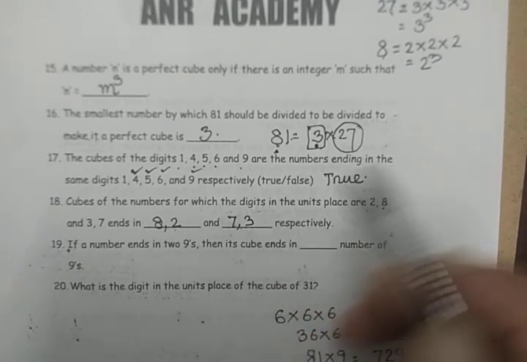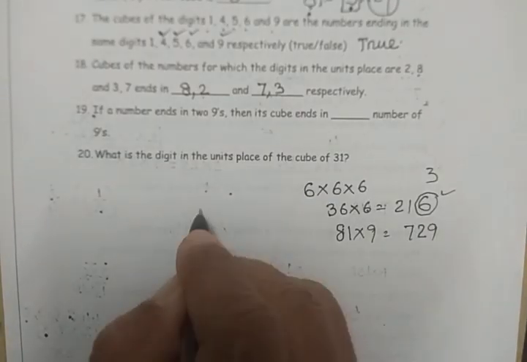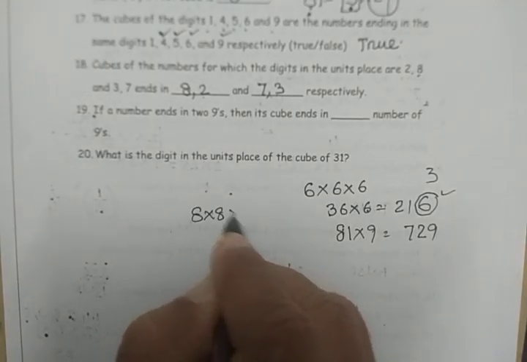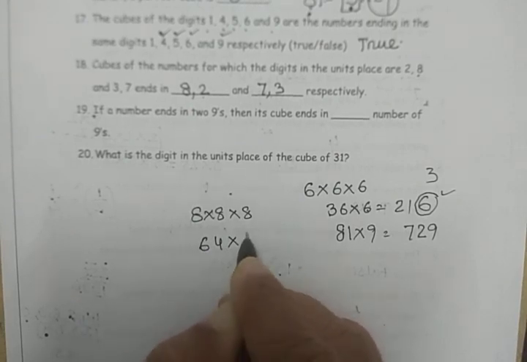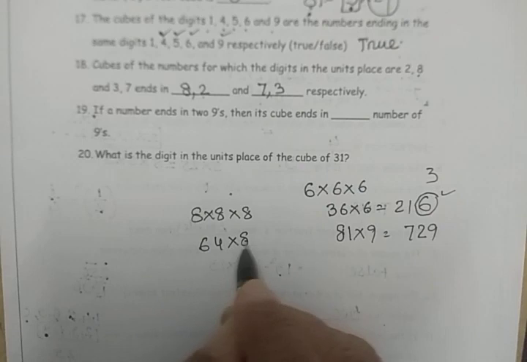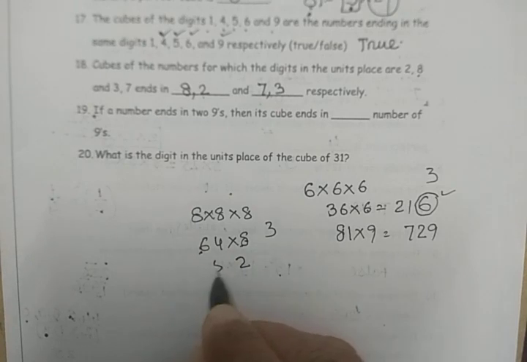In the same way, 8 cube. What is 8 cube? 8 into 8 into 8. 8 eights are 64, into 8: 8 fours are 32, 3, 40, 8 plus 3 is 51, 512.